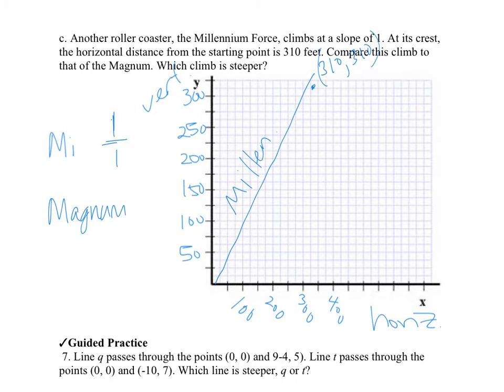And then the Magnum, we need to find, if you graph the points from before, at 400 it's at 205. So approximately like that. So that's the Magnum.